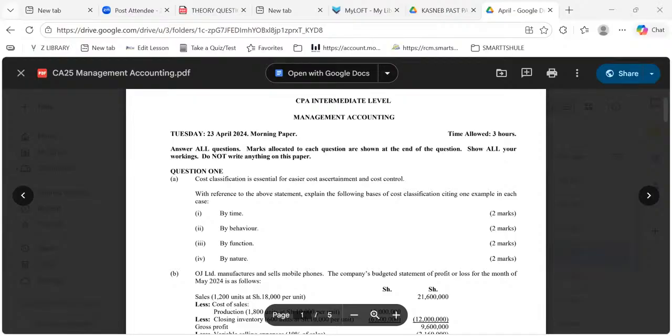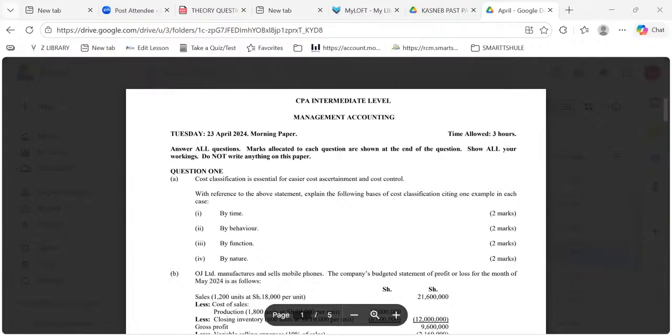If you are to classify cost based on time, historical cost, labor, no, labor is not under cost classification based on time. So we have historical cost, we have future cost, by time predetermined cost, okay, that is what we have there.